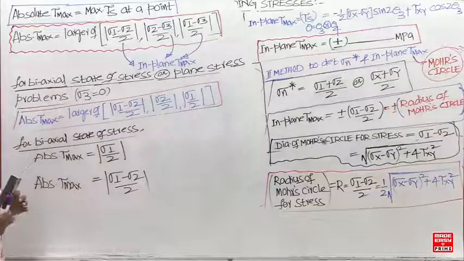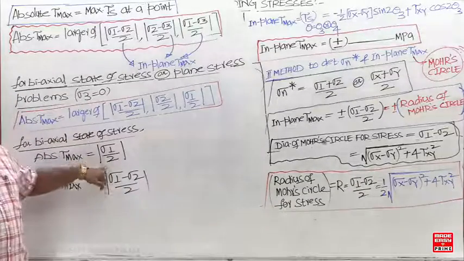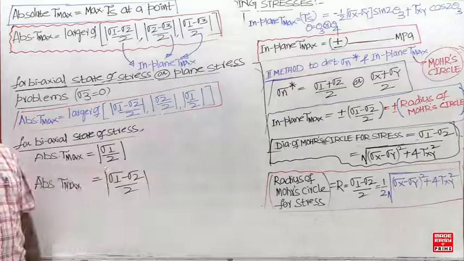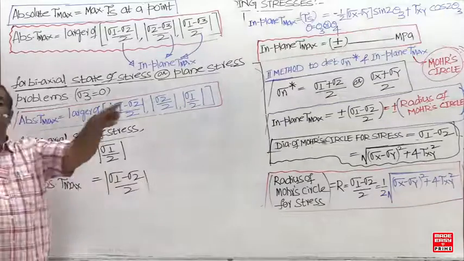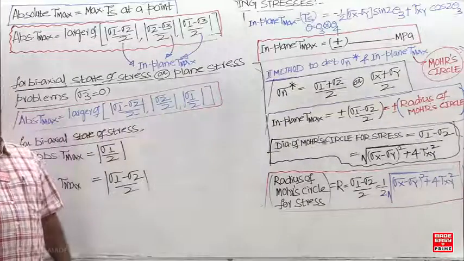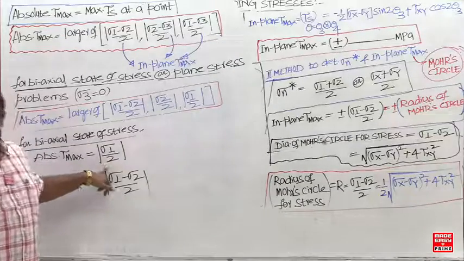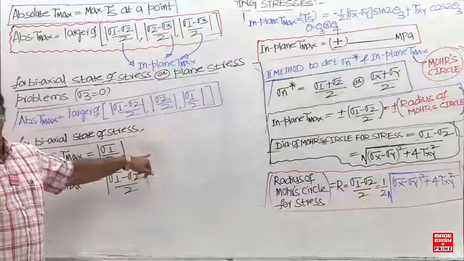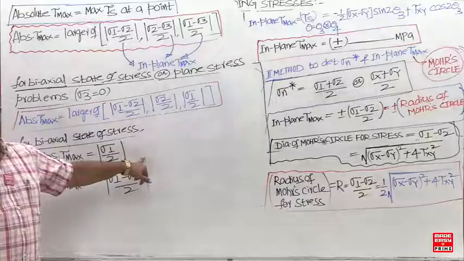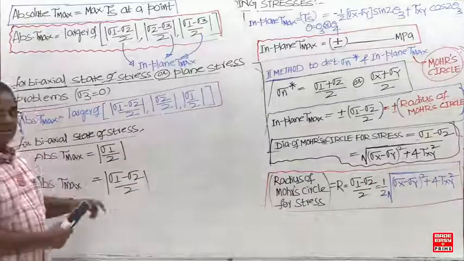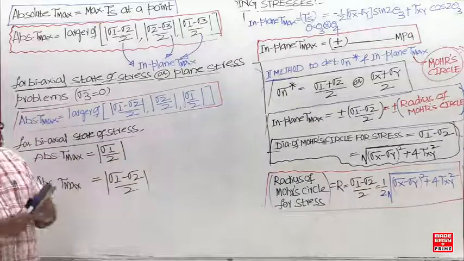Now, what is written for uniaxial? When a bar is subjected to pure axial stress, tau max is axial stress upon 2. So this is valid under uniaxial as well as biaxial. In biaxial, one expression is valid when the principal stresses are like in nature, and the other when the principal stresses are unlike in nature.